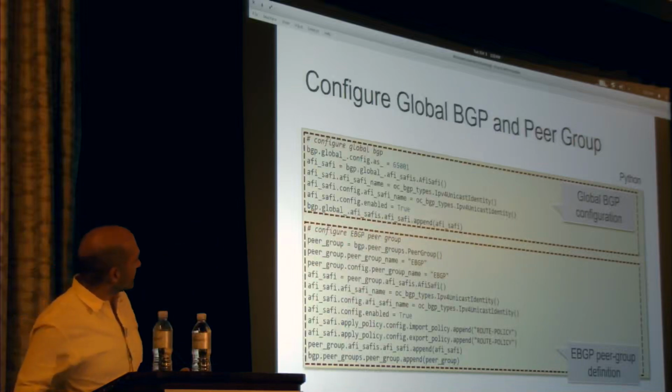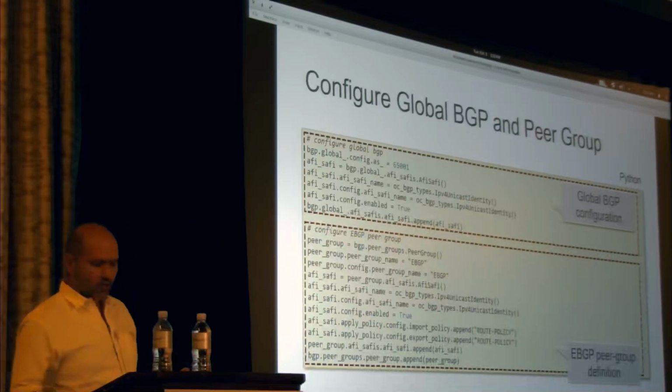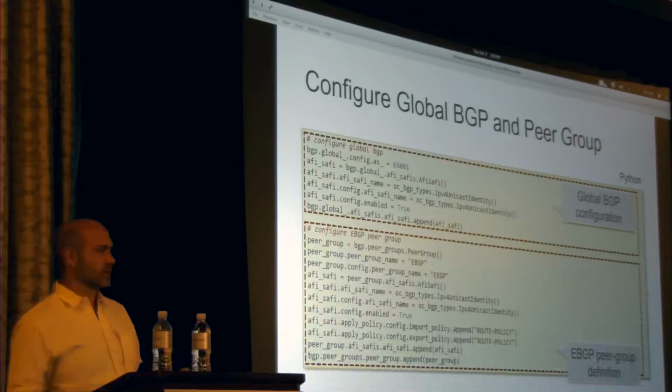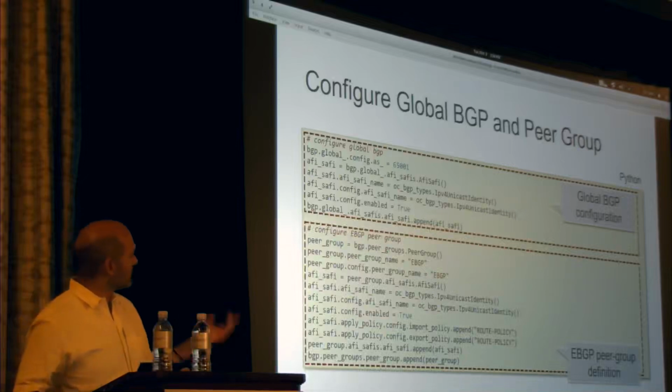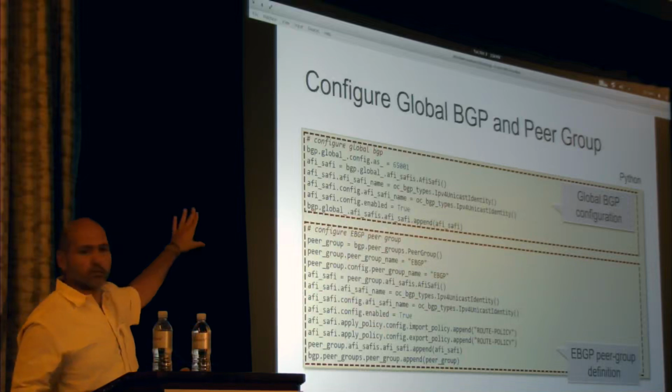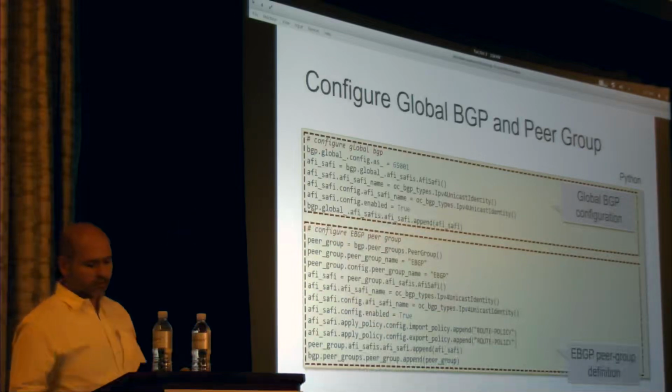In the top part is my global configuration, in which I'm defining my autonomous system and enabling IPv4. I beg for mercy, I didn't do an IPv6 example. I promise next time it's going to be IPv6 only. It's almost the same, right? You just search for 4, replace with 6, and the configuration will work. Well, I need to change the IP address too. I take that back.